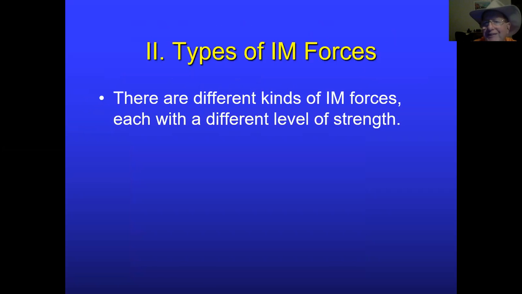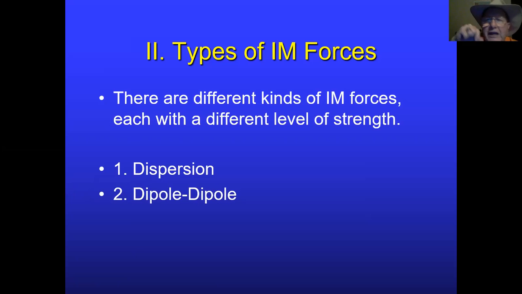There are different kinds of intermolecular forces. Each one of them has a different strength. The first one we're going to talk about: dispersion, London, van der Waals. They are all the same thing, just synonyms. They're the weakest. The next weakest is dipole-dipole.